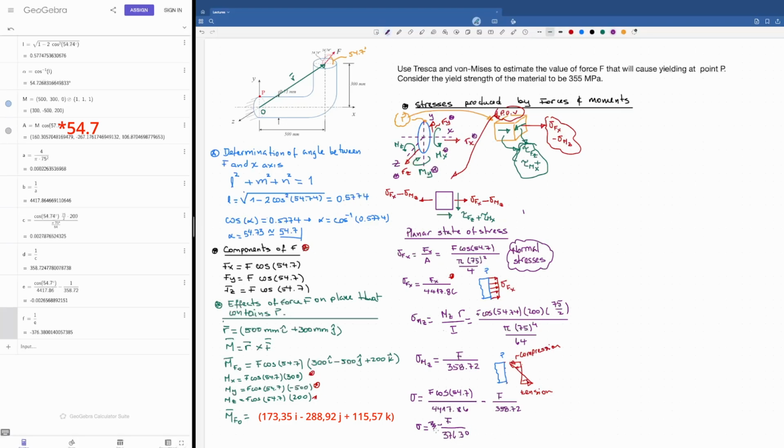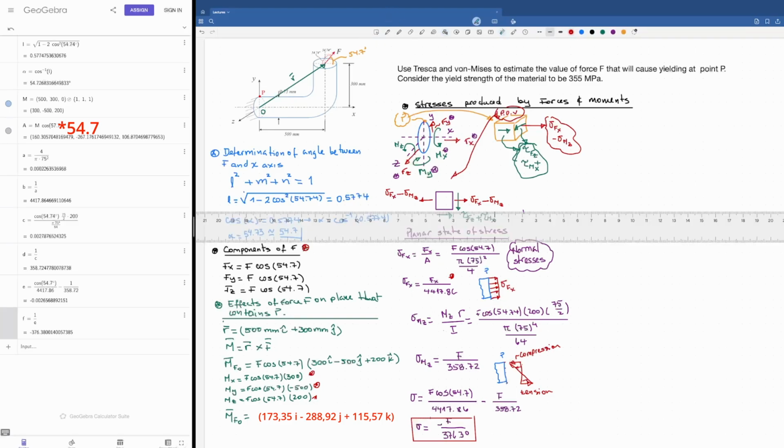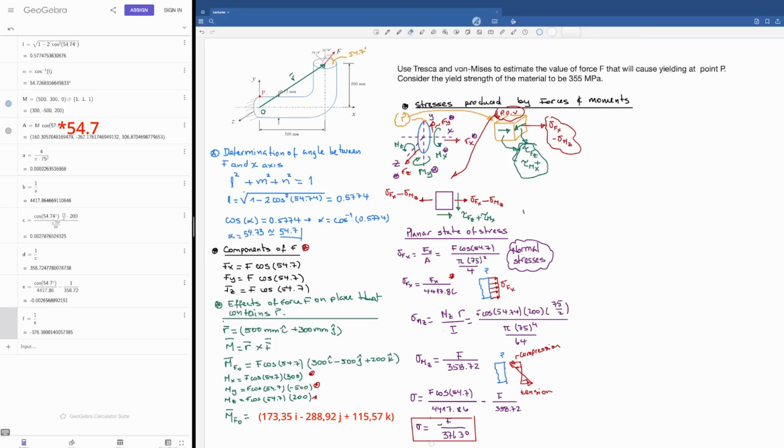And I need this value because this is the one I'm going to use to calculate the principal stresses of this loading case. This and this. Just accommodate this a little bit. It's not working, but bear with me. F. Perfect. Now we have this.